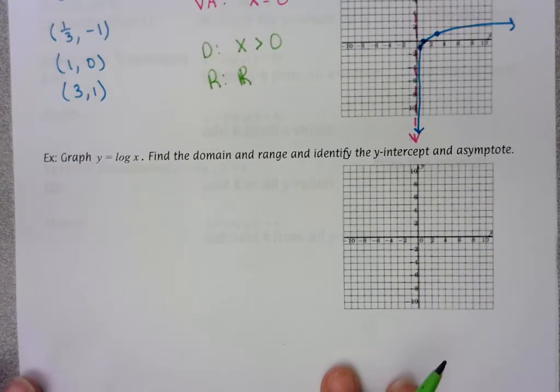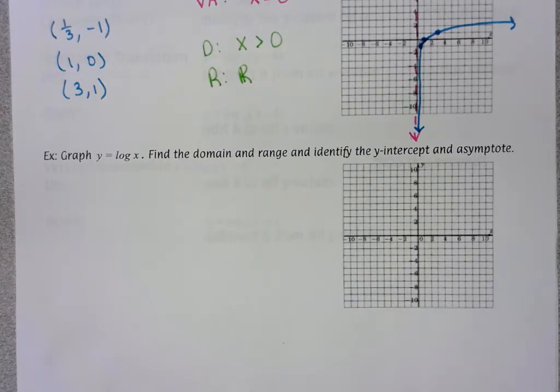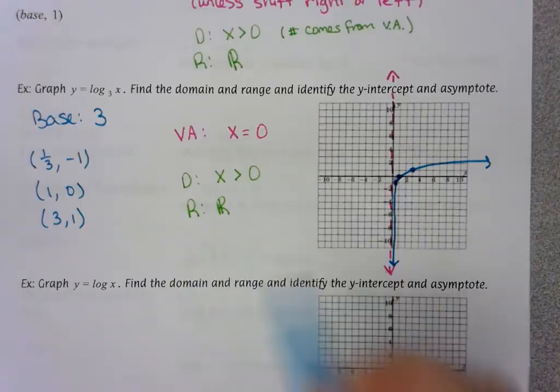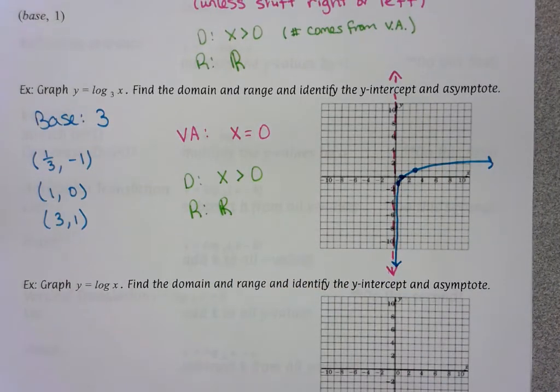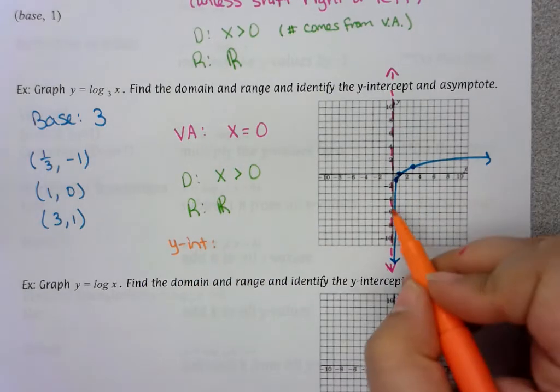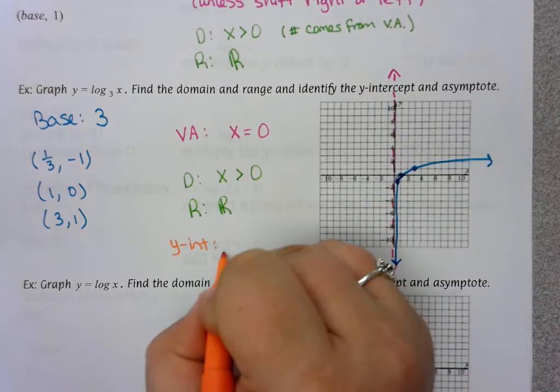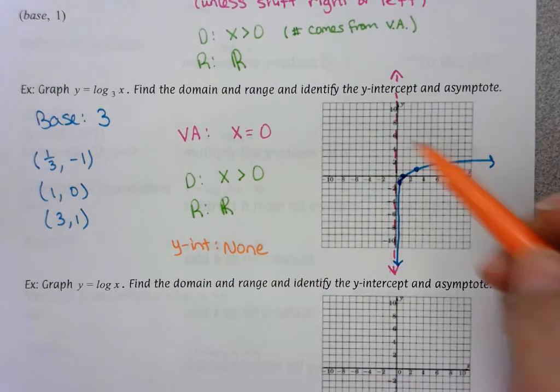Okay, next one. Let's graph y equals log of x and find the domain and range. Oh, I didn't find the y-intercept. On this one, the y-intercept is where the graph crosses my y-axis. Oh, there is none. I don't know why we have that on there.